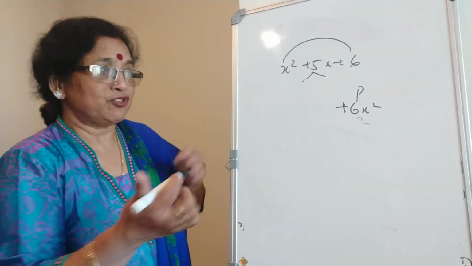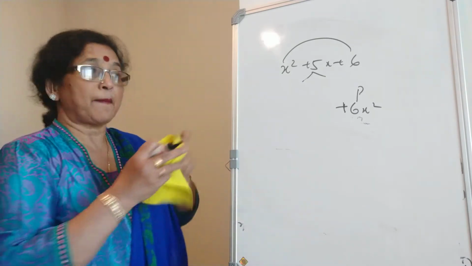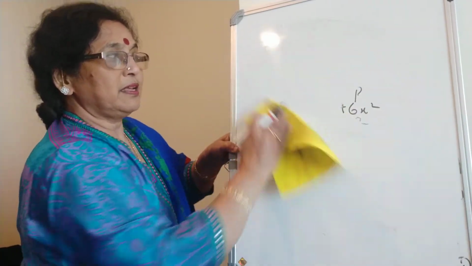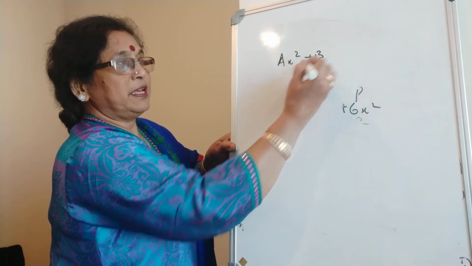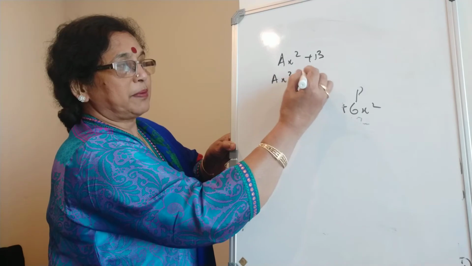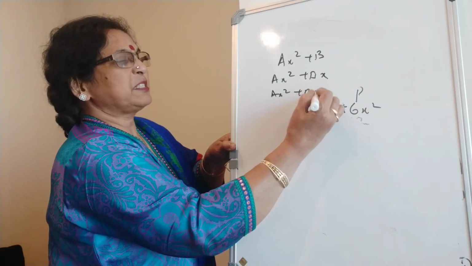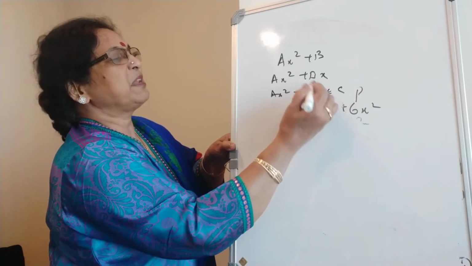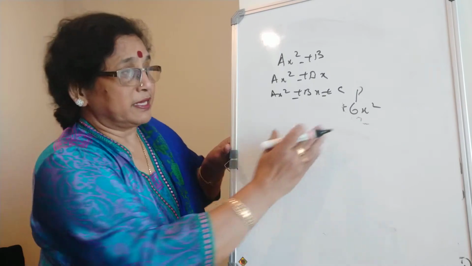So, in general form, they are of the type ax square plus b, or ax square plus bx, or ax square plus bx plus c. Of course, the sign can be plus or minus.